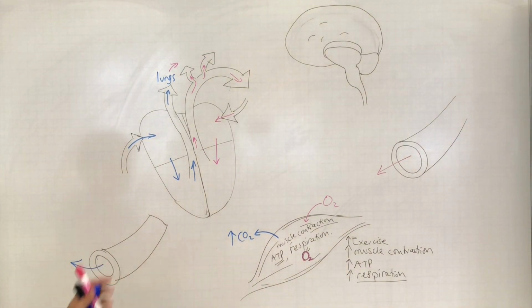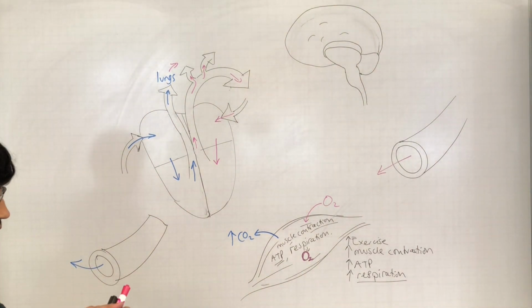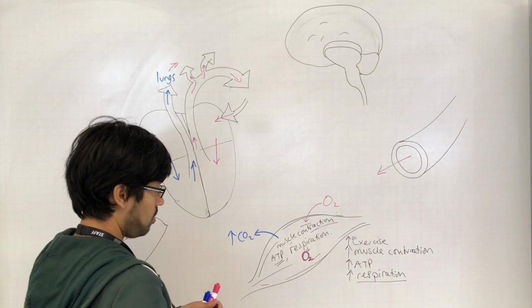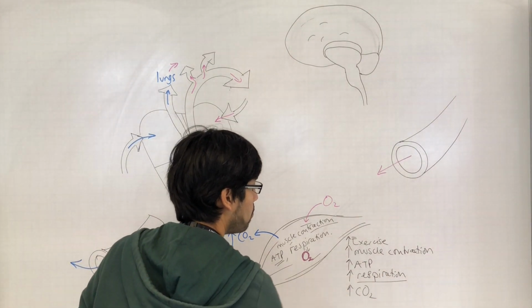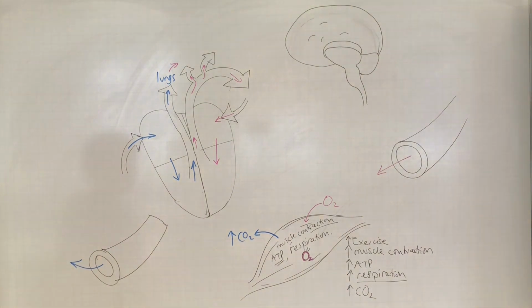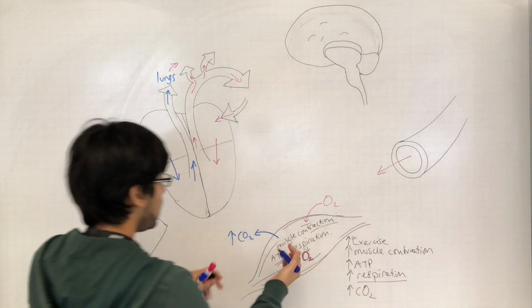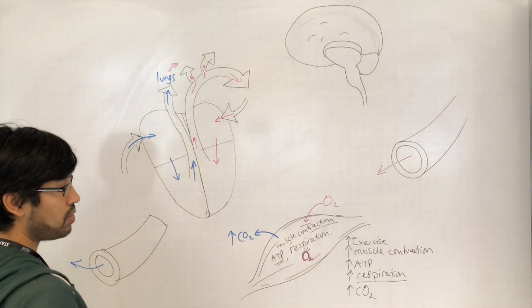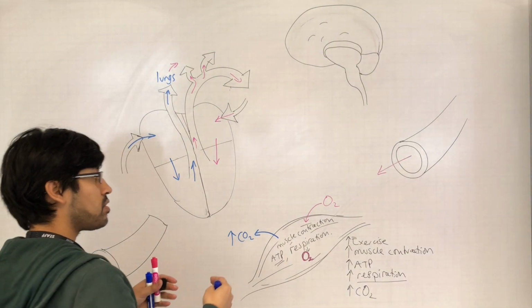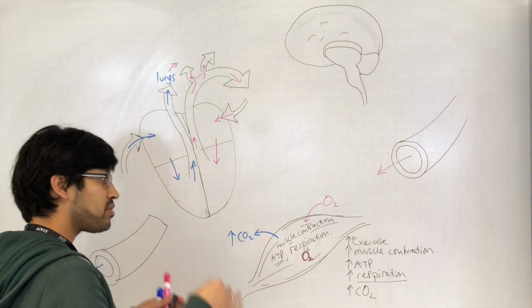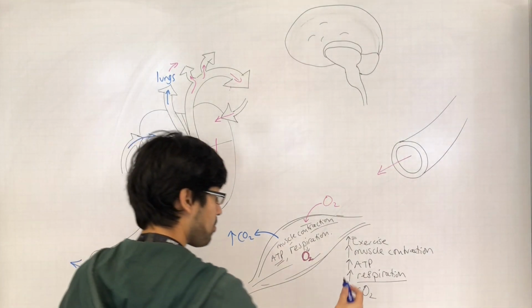Okay, so more oxygen is being consumed, more CO2 is being generated. So more respiration means more CO2 being generated. Now, CO2 diffuses into the blood plasma and there dissolves, and some of it will react with the water and become carbonic acid.